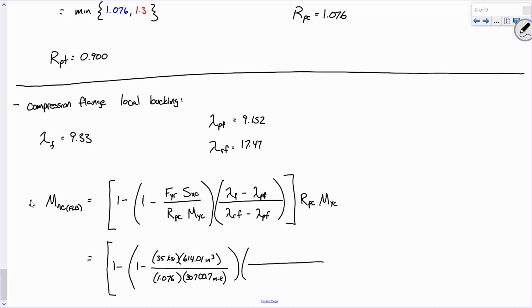All right. Now our lambdas, we have 9.33 minus 9.152, 17.47 minus 9.152. Okay. RPC is 1.076.